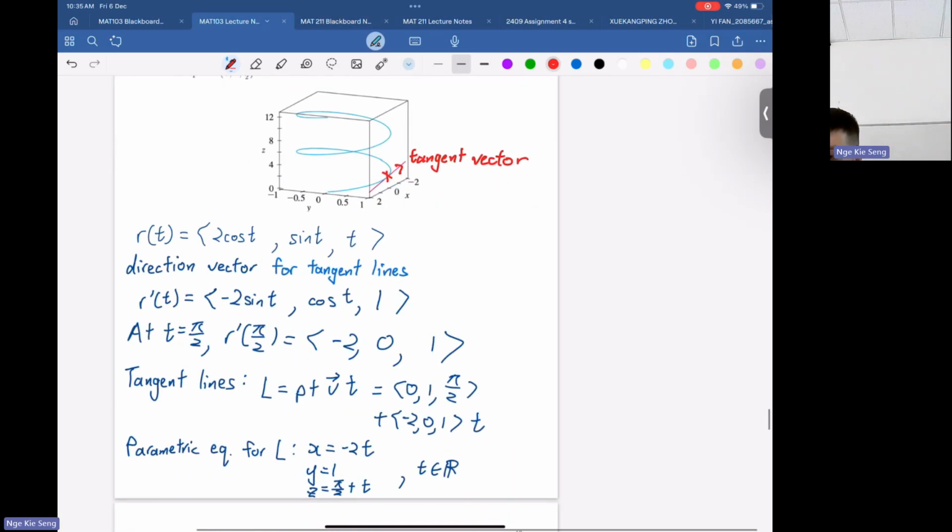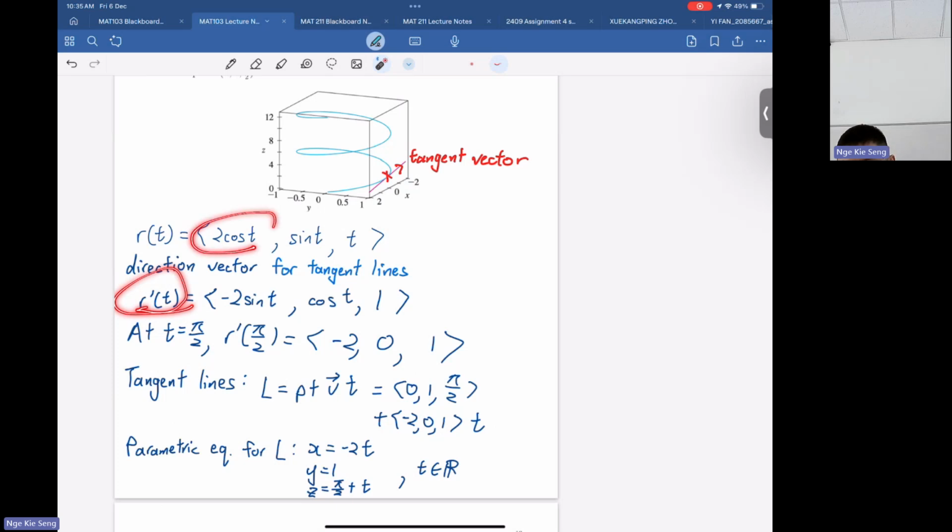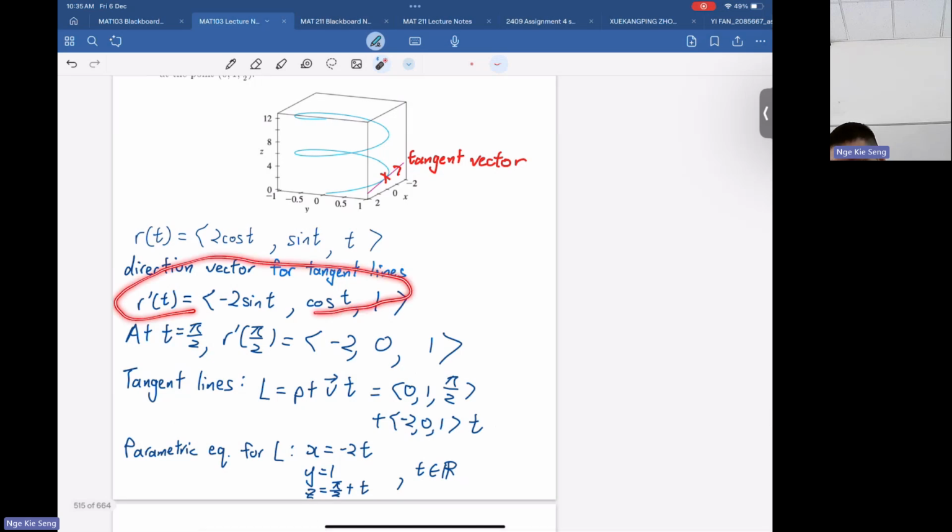To get a tangent vector, you just differentiate your vector function. To differentiate a vector function, you just differentiate term by term. And then after that, this is your vector function, and then you should get your point out.